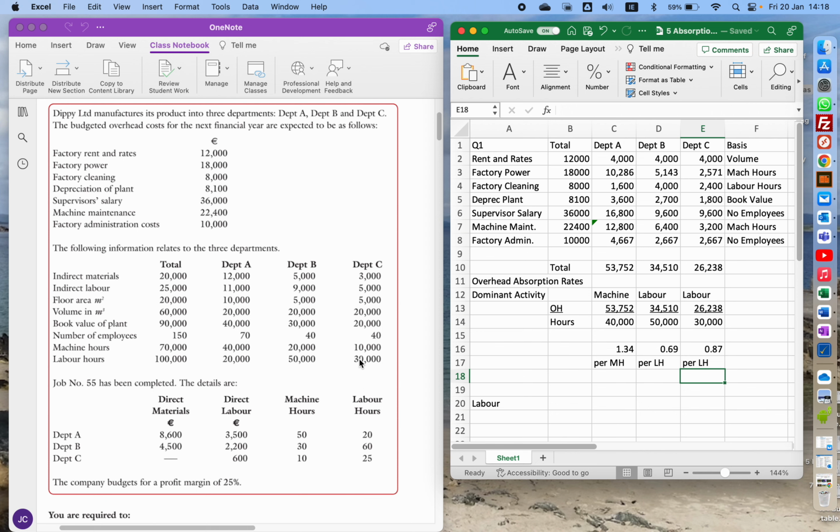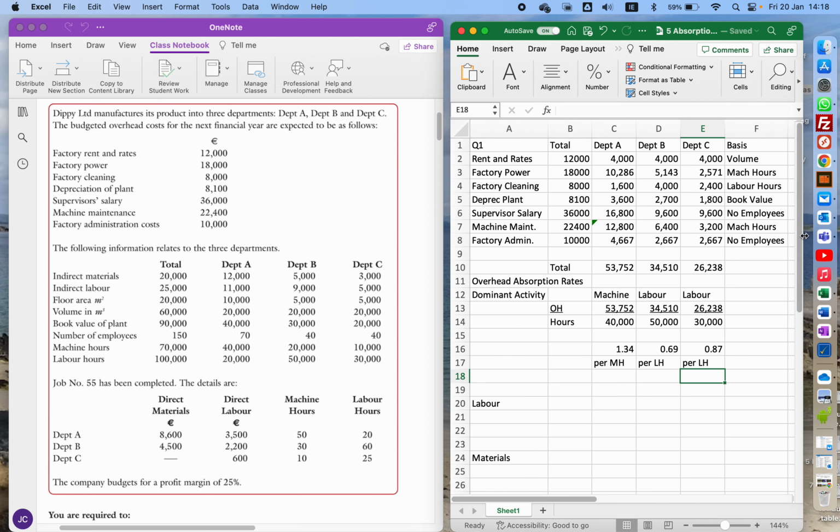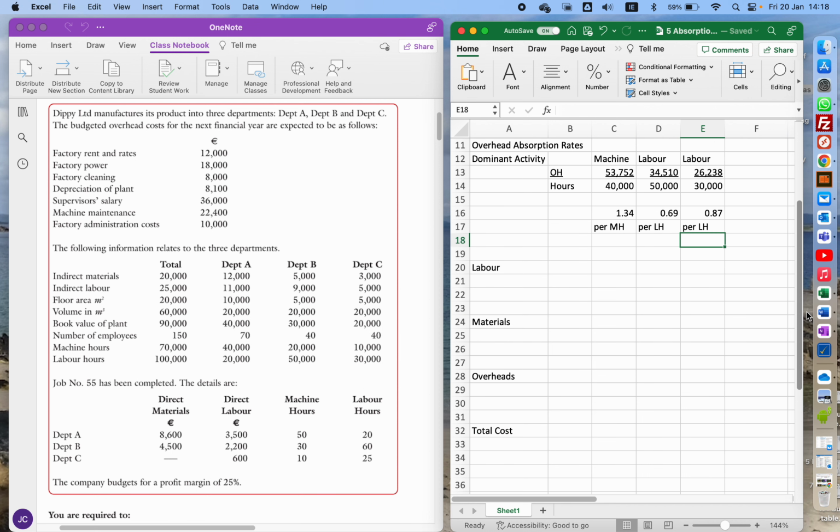Okay, so you're going to obviously finish this yourselves now in a second, but I'm going to prepare the form for you. So you're going to have to go and read what it says at the bottom of the question and come up with some information for materials and labour as mentioned there. This is nice and easy because they've given you the numbers. You don't have to work out how much they're going to spend on materials, how much they're going to spend on labour.